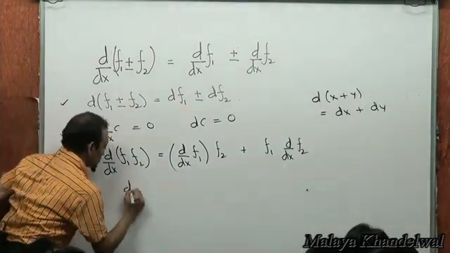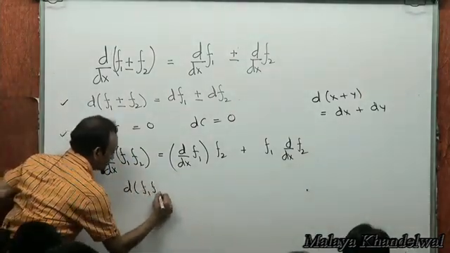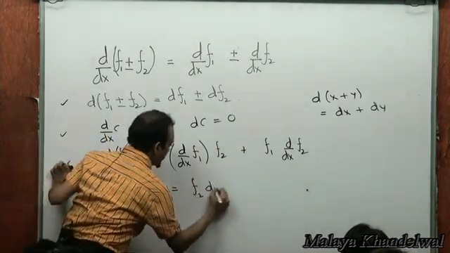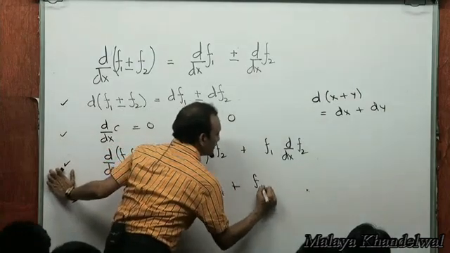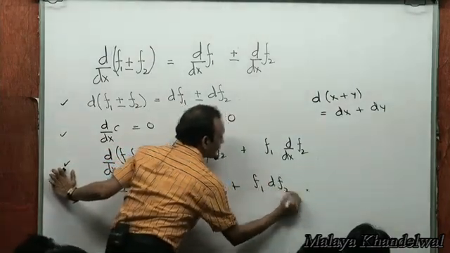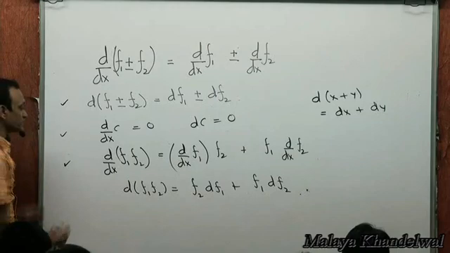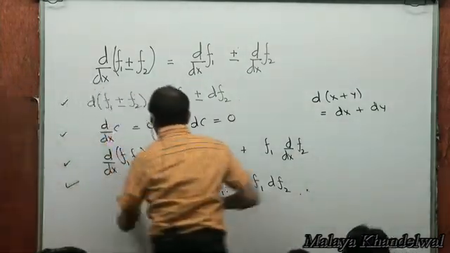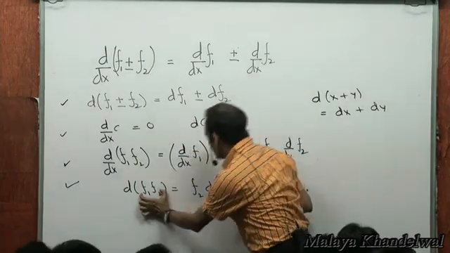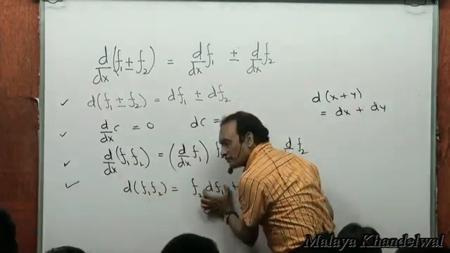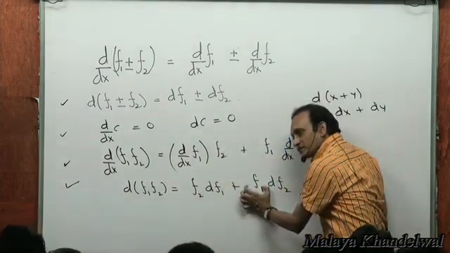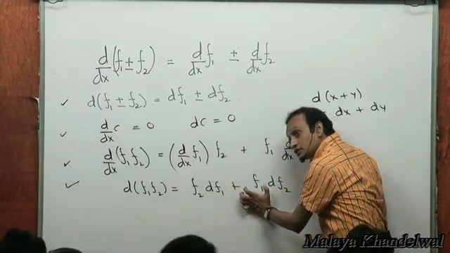Multiplying by dx, d of f1f2 is going to be f2 df1 plus f1 df2, right? This is another rule. d of the product, that means change in the product, would be the change in one function into the other plus the change in the second function into the first function. That's the law of change.